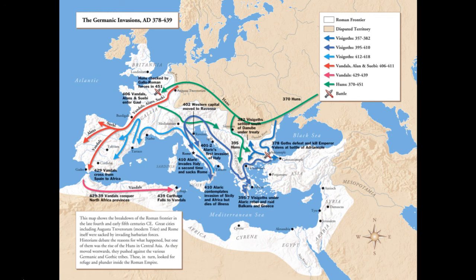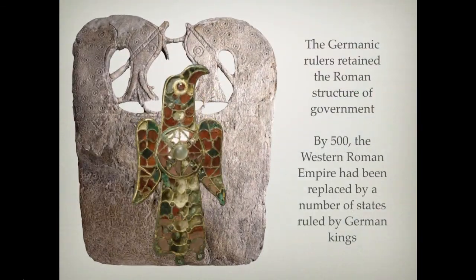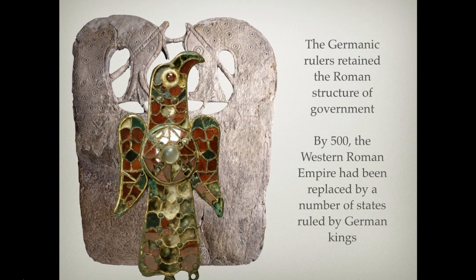Now, we end up seeing, again, the Visigoths moving throughout the territory, but another group not mentioned is the Vandals, who pushed through Spain and inevitably into northern Africa. Now, these groups altogether really destroy much of the European political structure that existed there before.